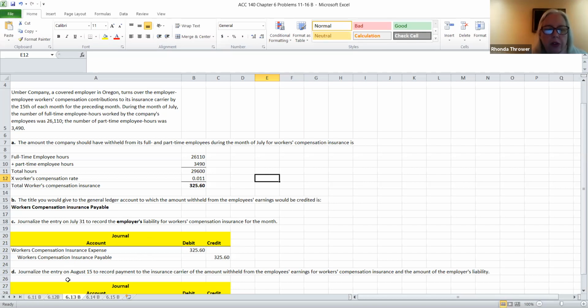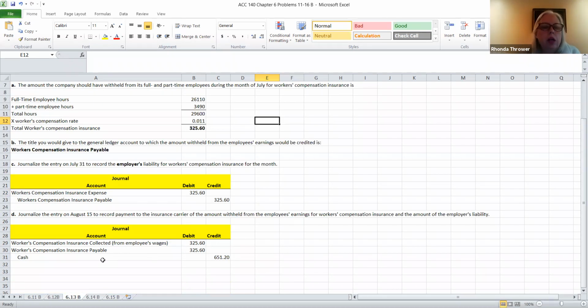Then we're going to move to D. It says journalize the entry on August 15th this time to record the payment to the insurance carrier of the amount withheld from the employees' earnings for workers' compensation insurance and the amount of the employer's liability. So this is the journal entry that we would make on August 15th.